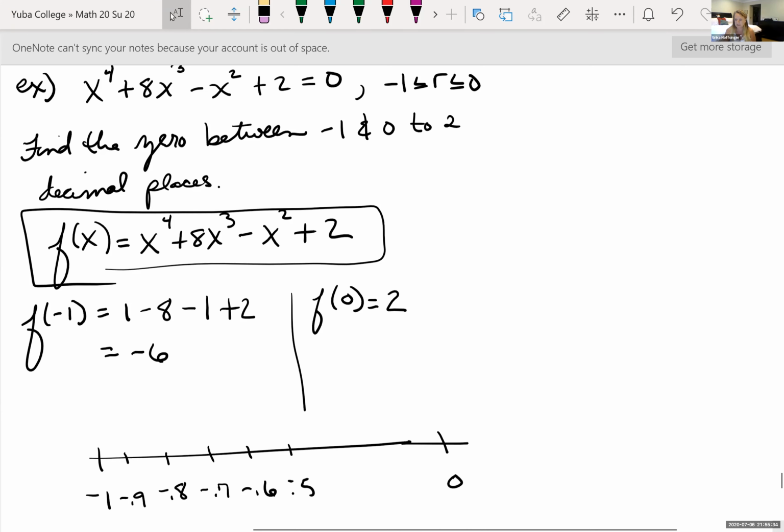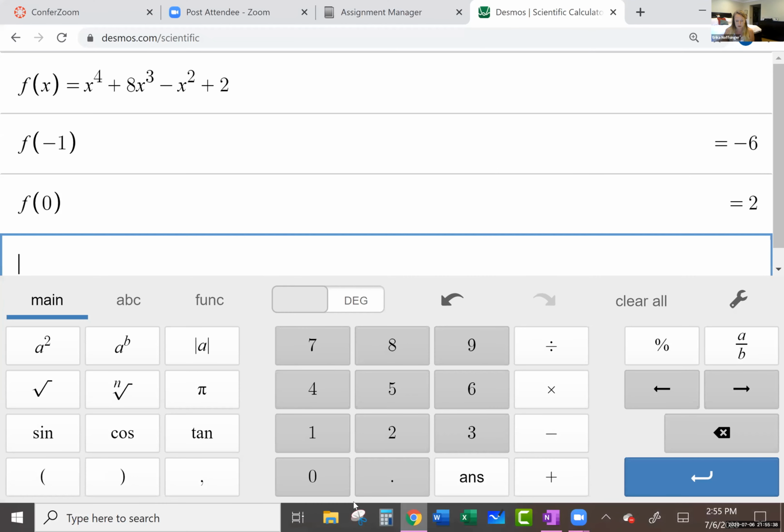I looked at f of -1 and f of 0. And f of -1 was -6, which we had found before, and f of 0 was 2. So those are opposite signs, and so we know that there has to be a 0 in between these two. So let's just shrink it down. Maybe let's go halfway. So maybe f of -0.5.